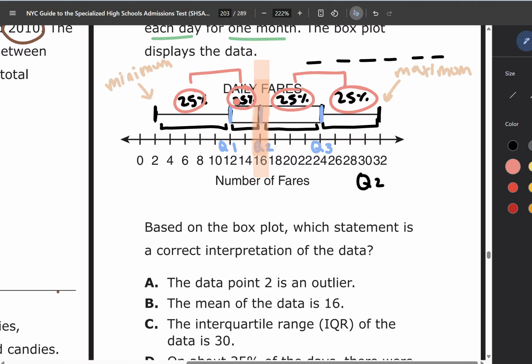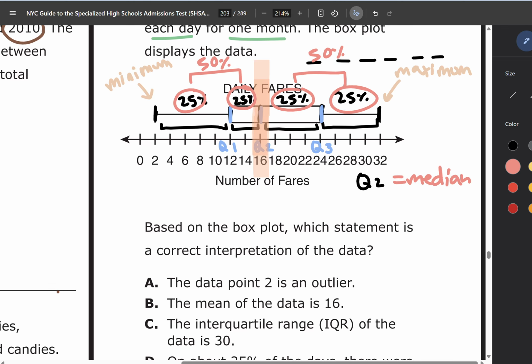That adds up to 50%, and we have 25% and 25% on the right, which adds to another 50%. So we have 50% on the left and 50% on the right, which means that Q2 is the median of the data, in other words, the number directly in the center, the middle number.